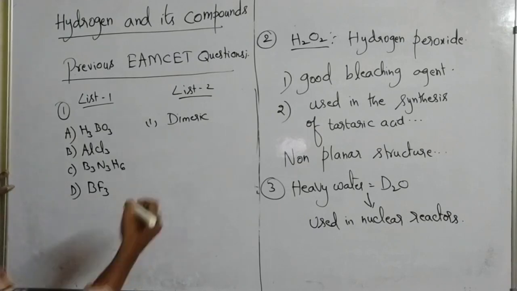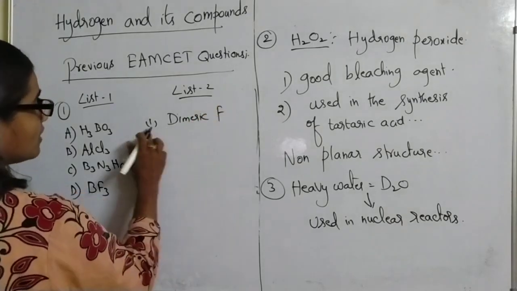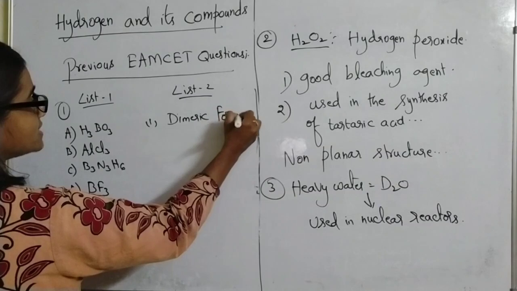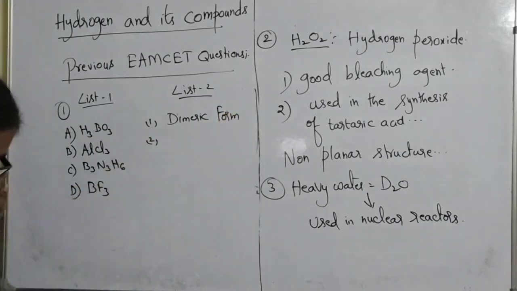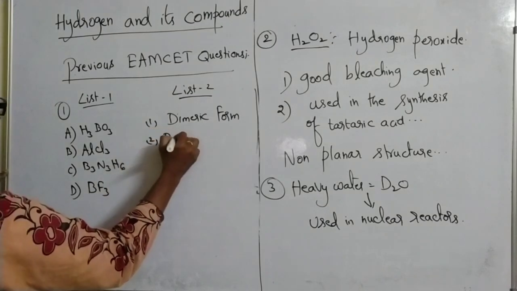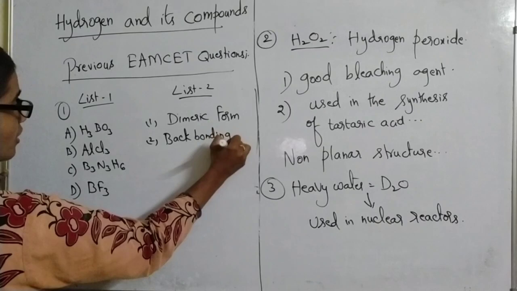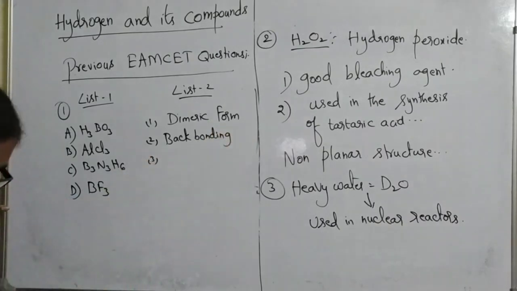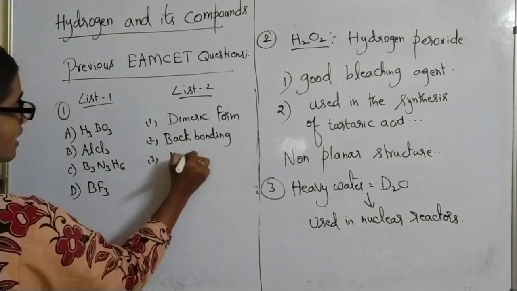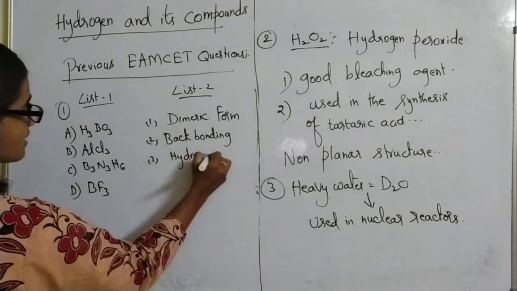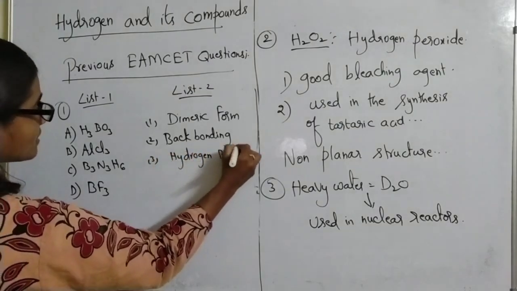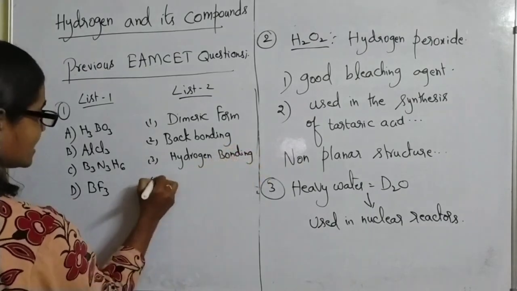Number 1 is dimeric form, number 2 is back bonding, number 3 is hydrogen bonding, and number 4 is inorganic benzene.